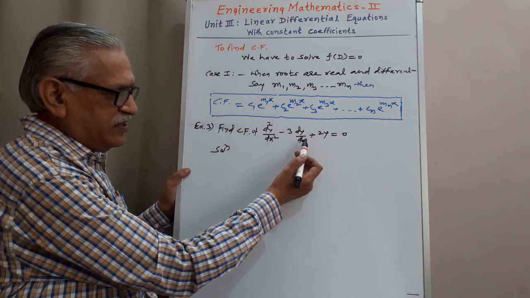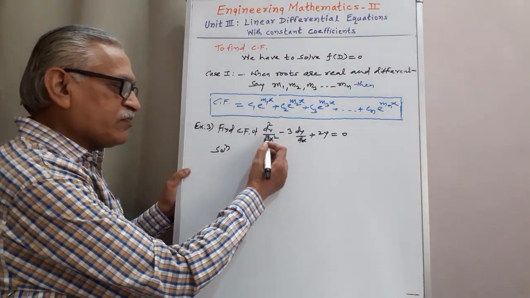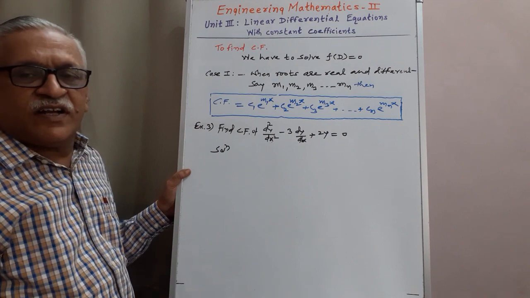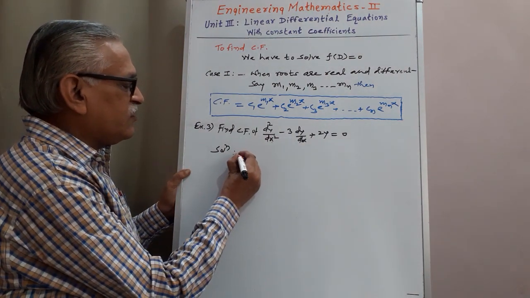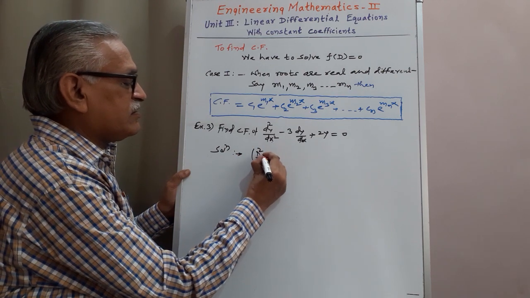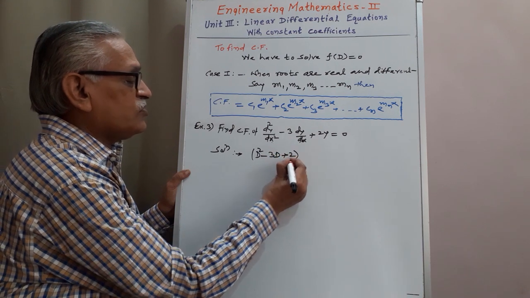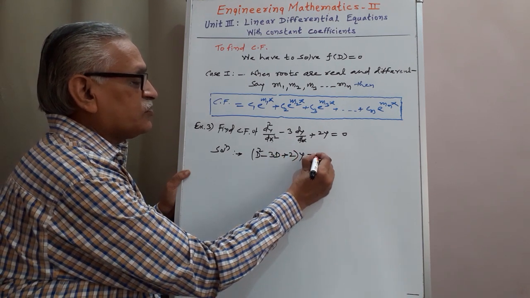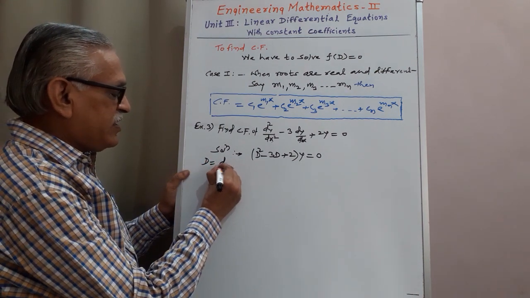Degree of y is 1, degree of all the derivatives is also 1 and not multiplied together. That's why it is a linear differential equation. And then the first step is converting in symbolic form. It is D square minus 3D plus 2 into y equals to 0, where capital D stands for the operator d by dx.